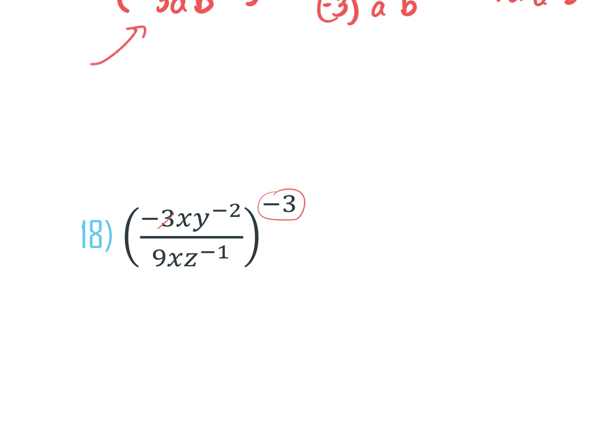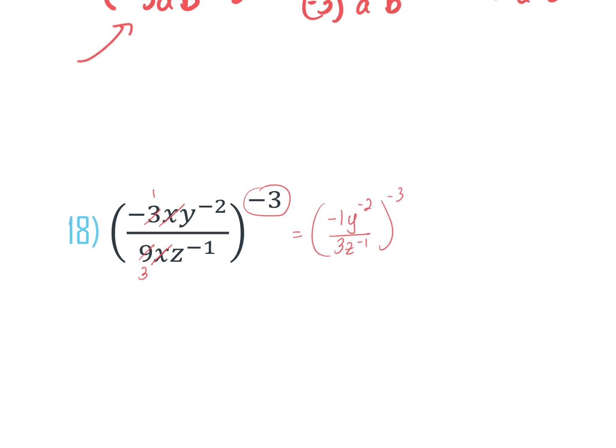Well, 3 goes into 3 once, and 3 goes into 9 3 times. I also have an x over an x, which just cancels out. So before I distribute this negative 3, I could clean it up to get to this. So my insides, notice it's just negative 1 y to the negative 2 over 3z, all to the negative 3 power. So I just took the x's out and I simplified the numbers a little bit.